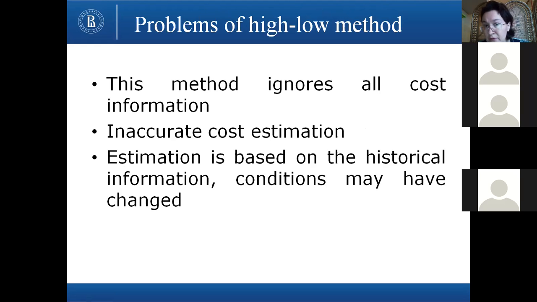This approach ignores all cost information, so we can use only current information about the mixed cost, and then we are getting the results that allow us to identify the fixed and variable cost.